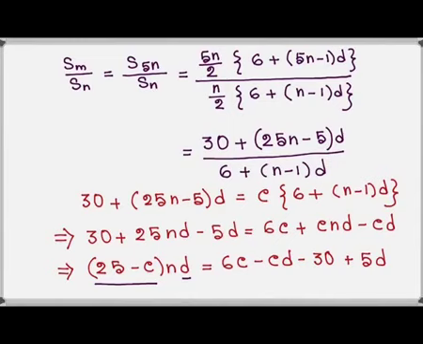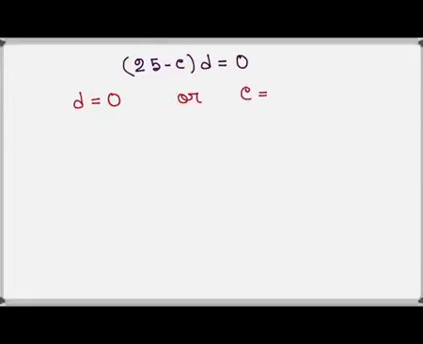So we must have 25 minus C into D is equal to 0. From here we get either D is 0 or C is equal to 25.